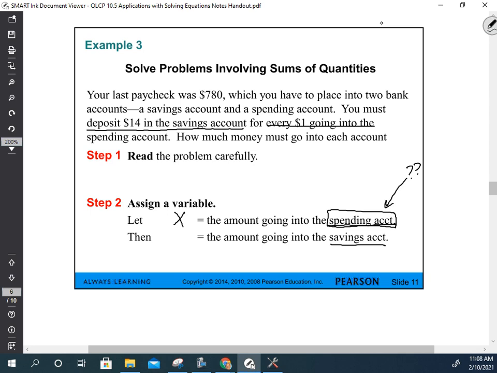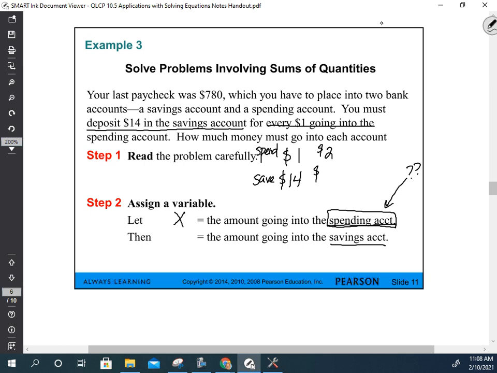So let's think about this numerically. If I spend $1, I have to save 14. If I spend $2, how much do I have to save? 28.